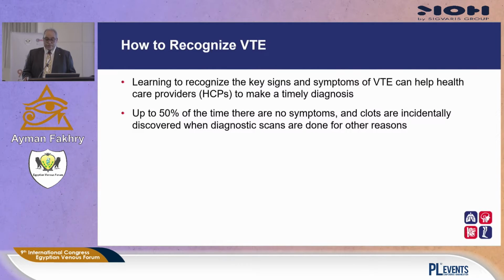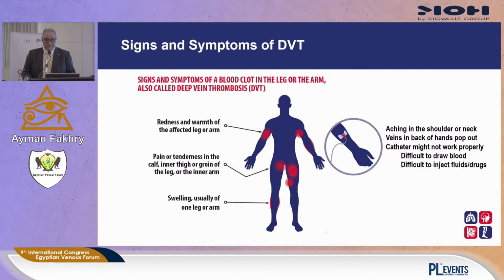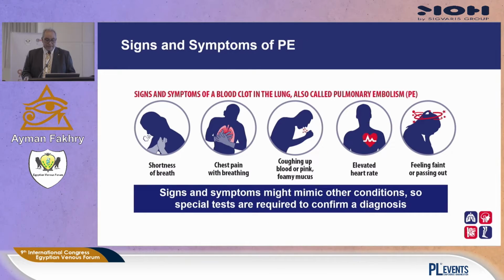How to recognize our patient? This is very important. As we apply the score and we are predicting the development of cancer, we can recognize our patient and start giving him lessons and prophylaxis for his cancer. These are the signs and symptoms you all know better than me.